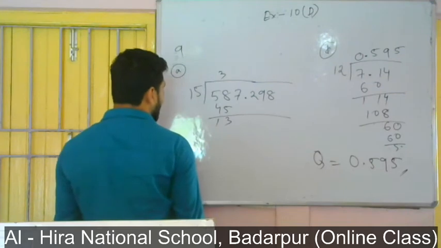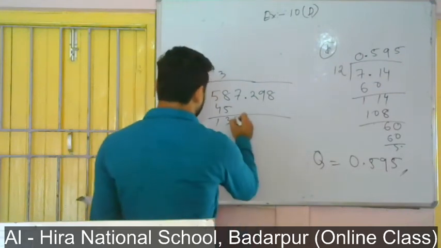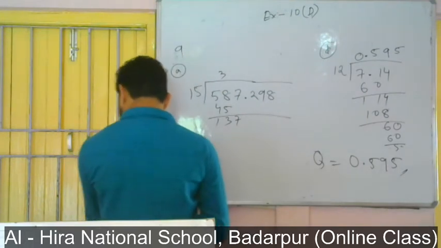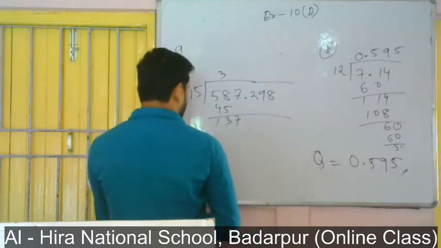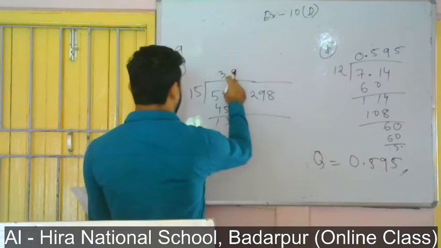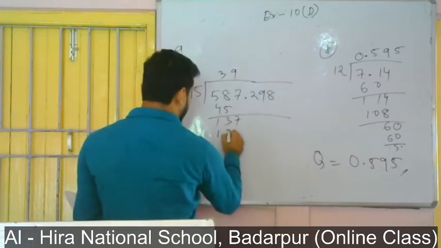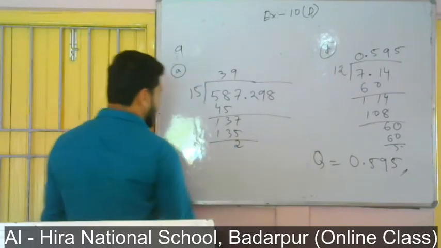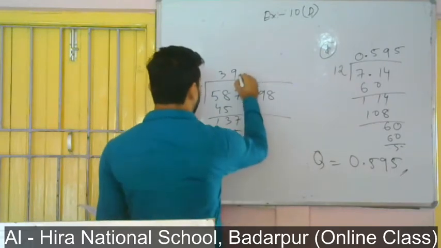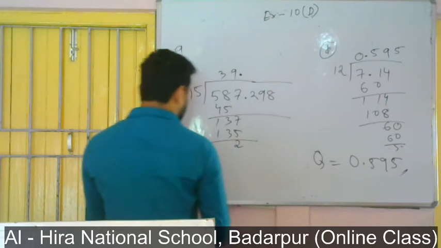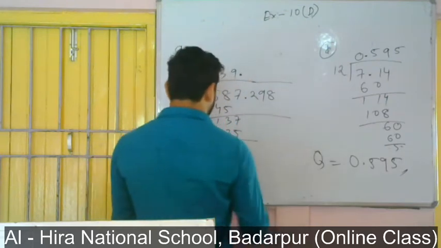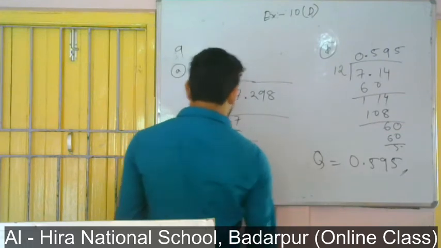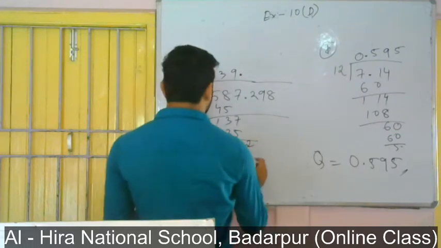So not divisible. We'll take 7. Okay. Then 5 9s are 45, 9 15s are 135. Here remain what? 2. Okay. So after that we are getting point, so we'll put point. Okay. Then we shall take what? 2. So 15 2s are 30.